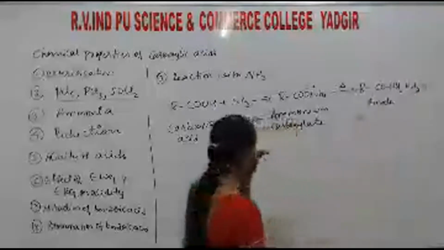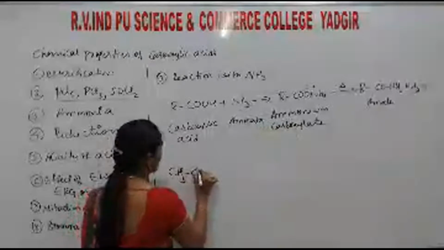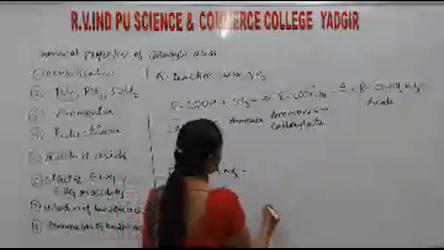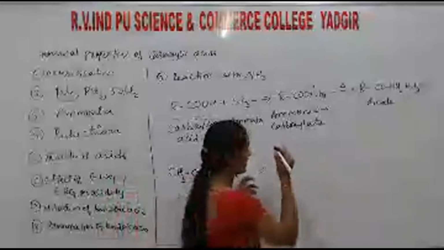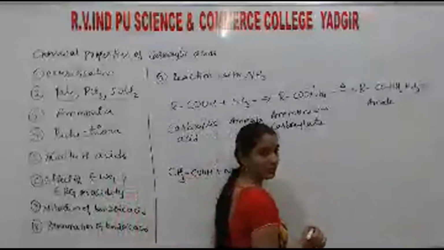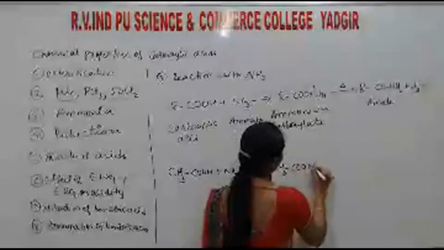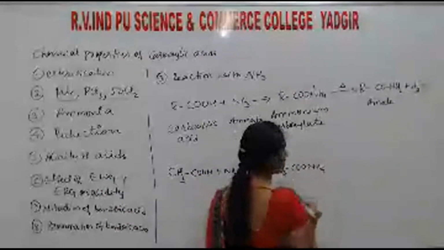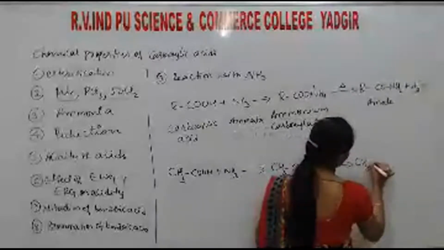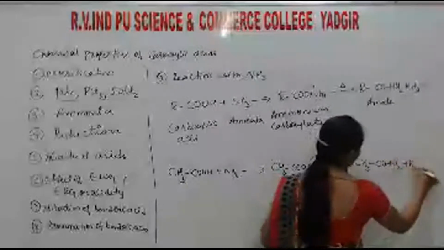So listen, if you take an example, like acetic acid here, CH3COOH plus NH3. They form, what is the product here? The intermediate, CH3COONH4. This is plus, this is minus. Next, upon decomposition, it gives CH3CONH2 plus H2O.